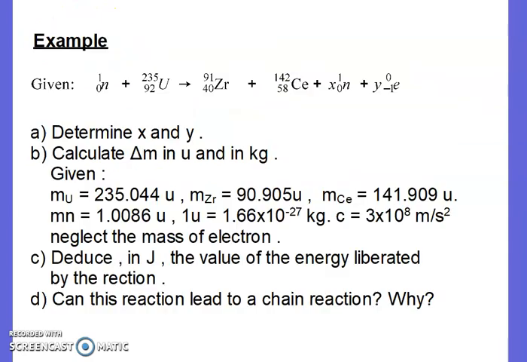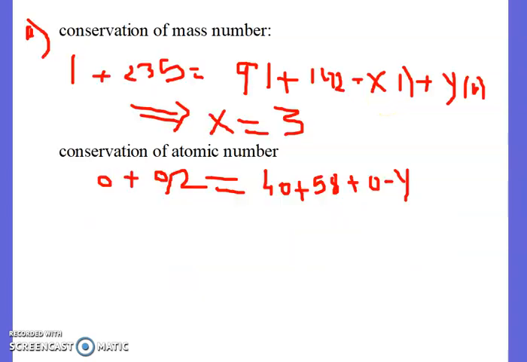If you go back here, x times 0, 0, y times minus 1, minus y. If you do the calculation, then you get y equals 6. Okay, any problem?